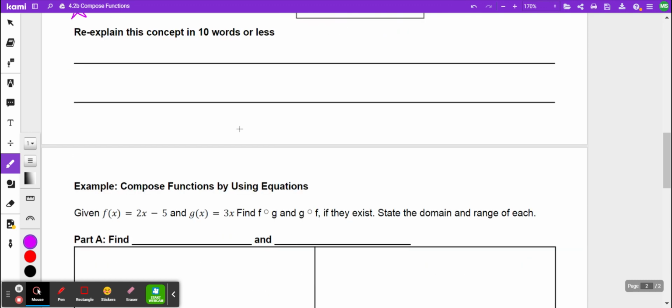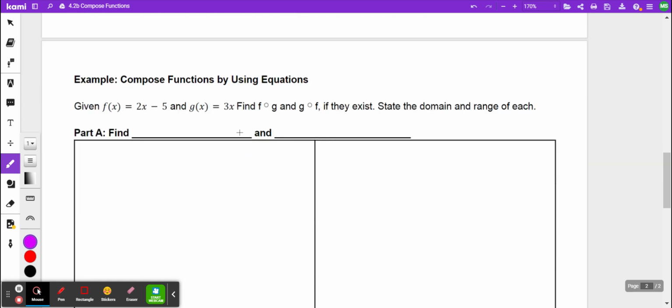All right, guys. So we're going to compose functions using equations. So we're going to find two different sets right here. We're going to figure out the function of f of g of x and g of f of x right here.